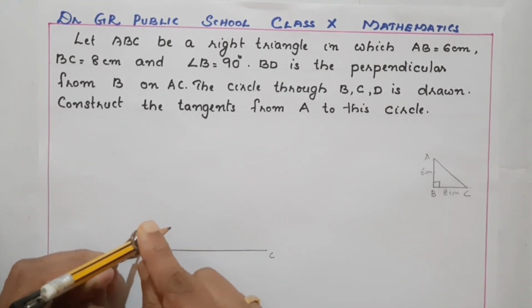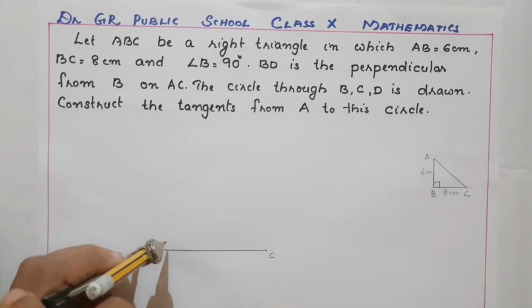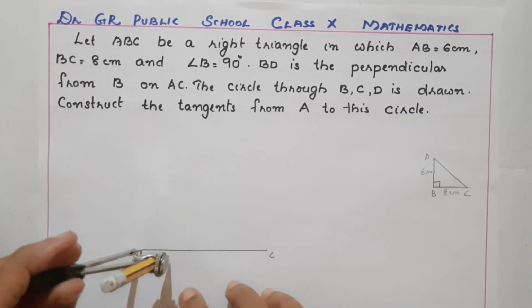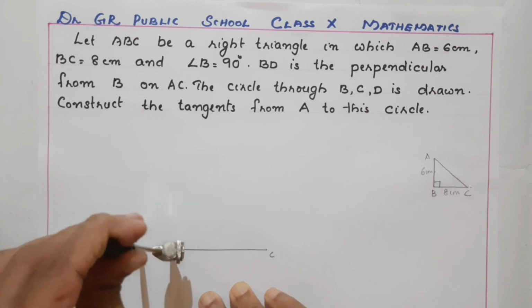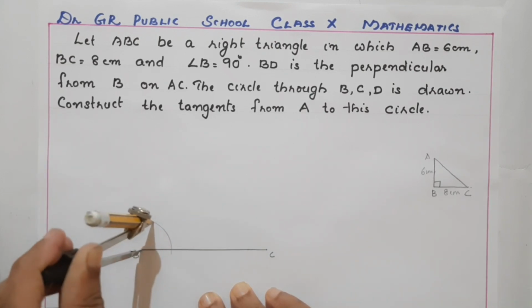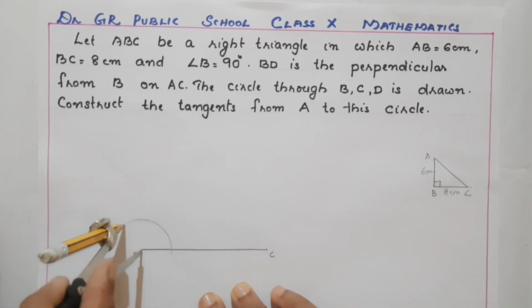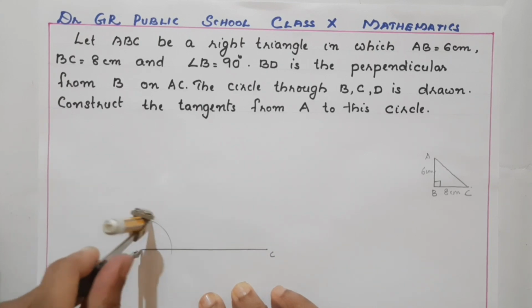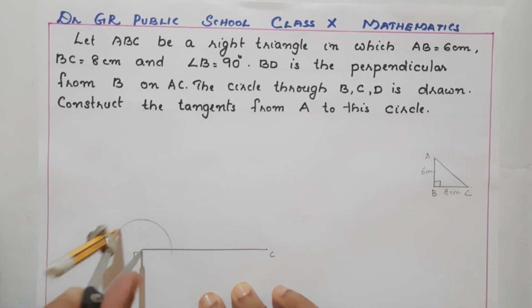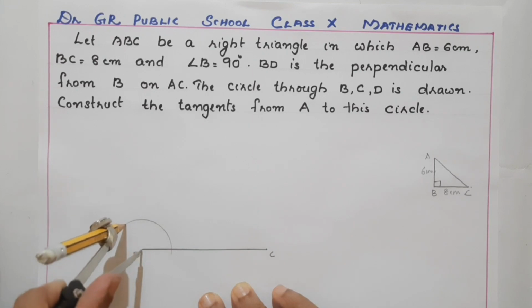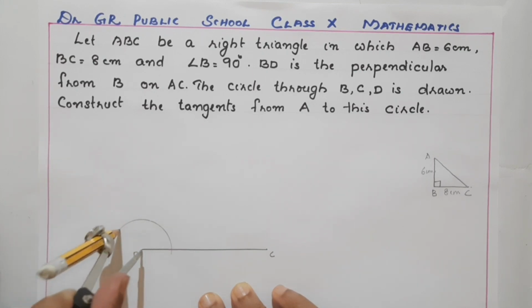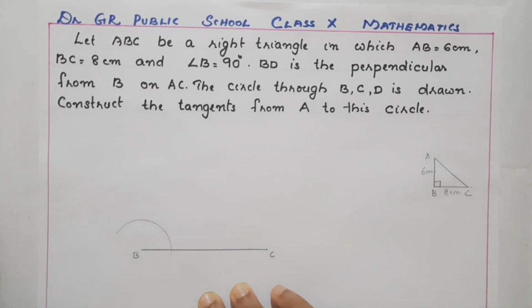Fix the compass at B and take any radius. Draw the arc like this. We need 120 degree arc. So we have to draw at least up to this much.